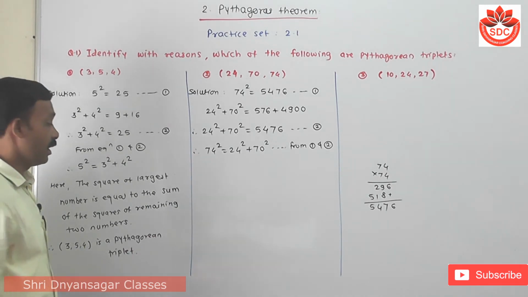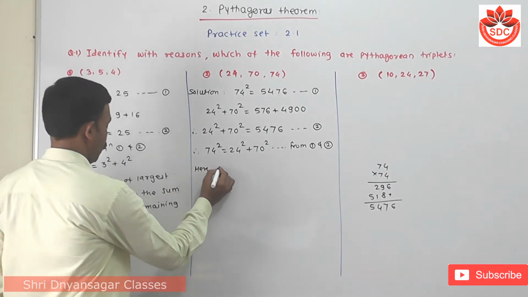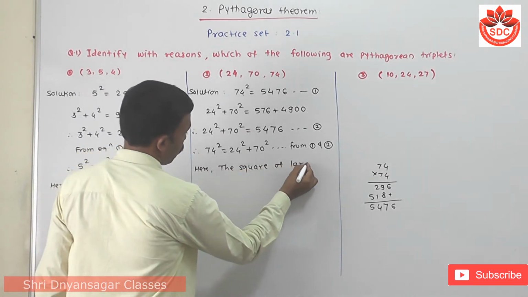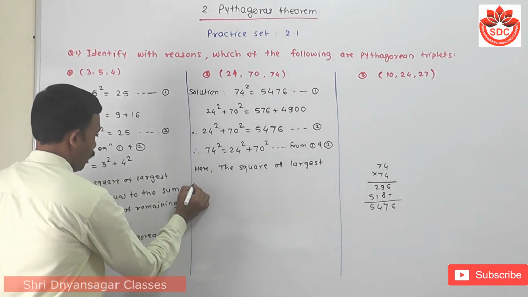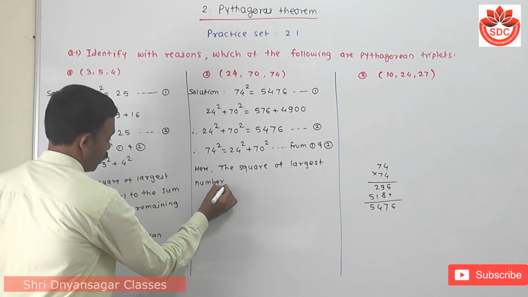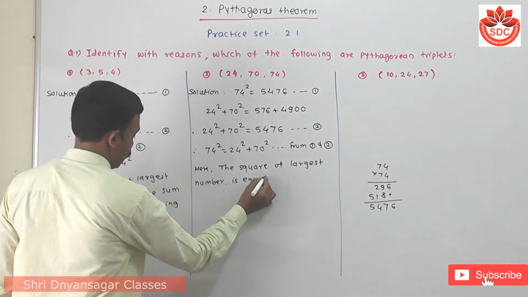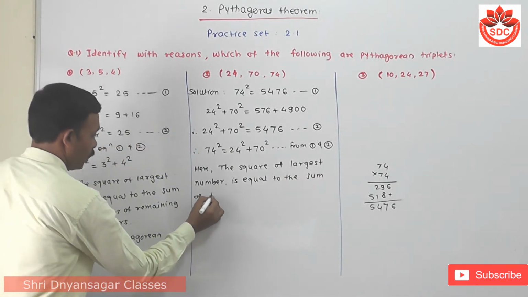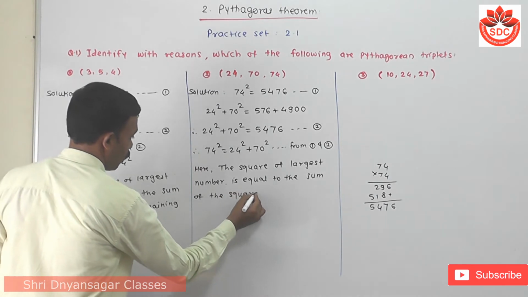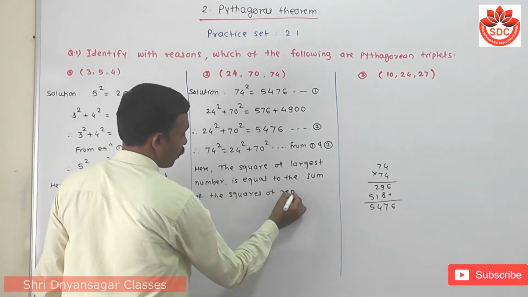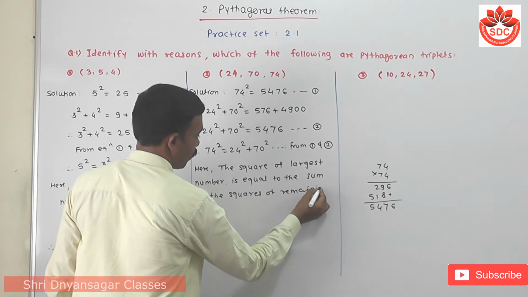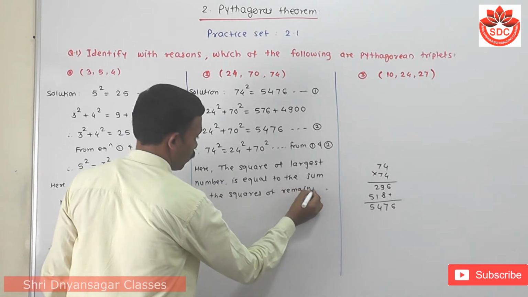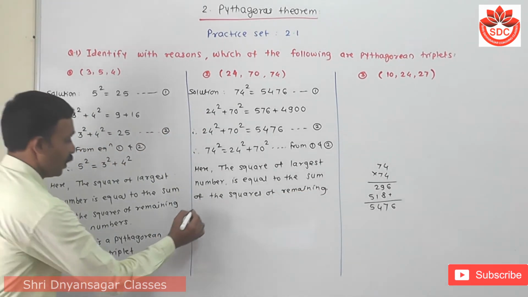So the reason is that the square of the largest number is equal to the sum of the squares of the remaining two numbers.